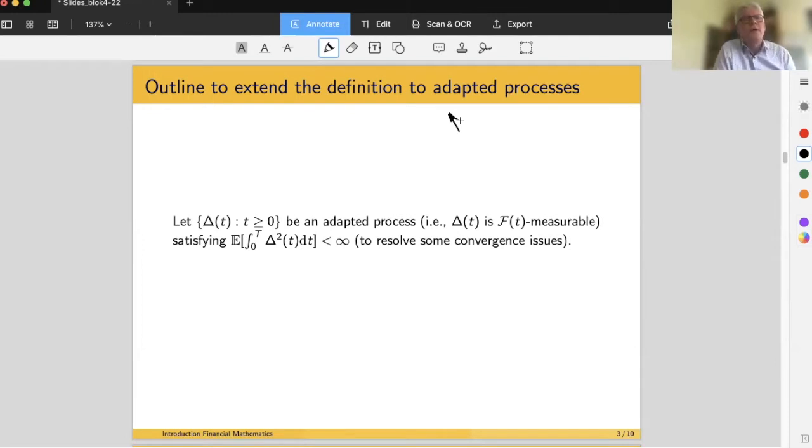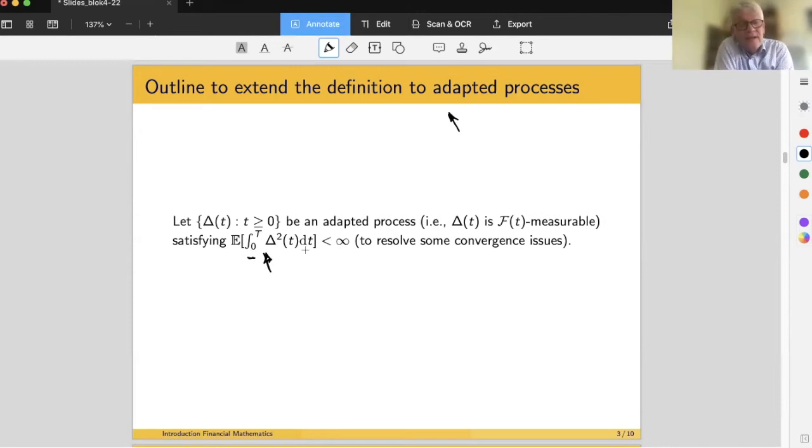Again, for things to work properly, you have to put an extra condition, which is mainly a technical condition. We have to take limits, and we have to be sure that these things converge. So we restrict ourselves to the interval 0 to t, and we have to demand that the expected value of the integral from 0 to t of delta squared t dt exists.